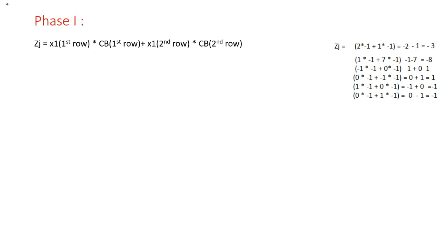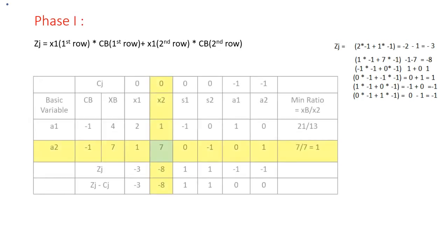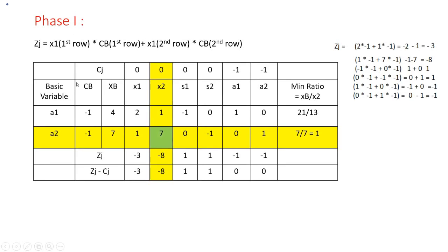So the next part is we have to find out the Zj and Zj minus Cj. How to find out the Zj value? So consider the x1 column into the CB column. The first row is 2 and CB first row is -1.